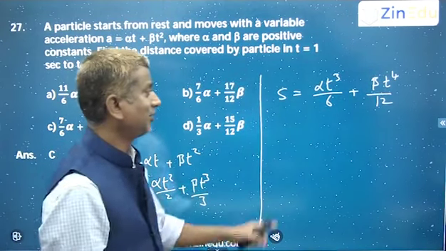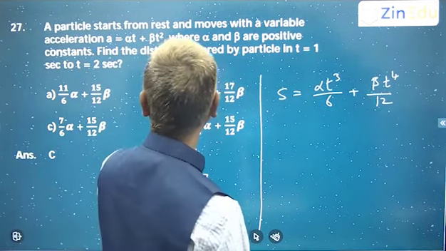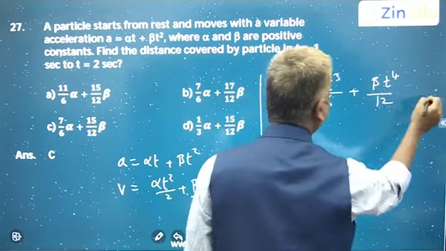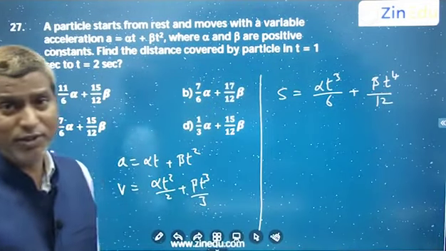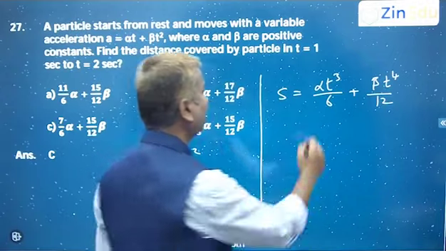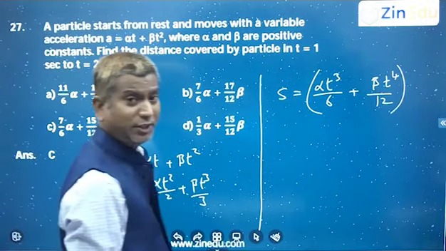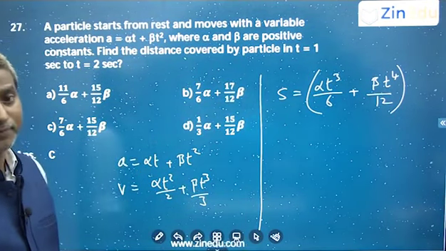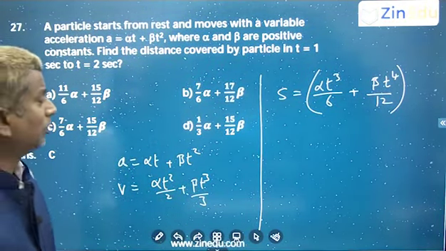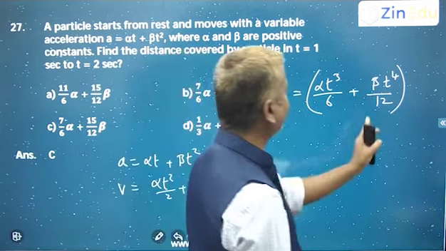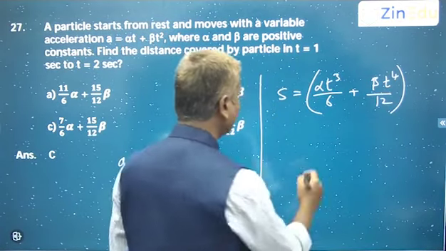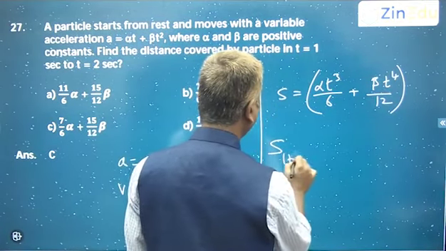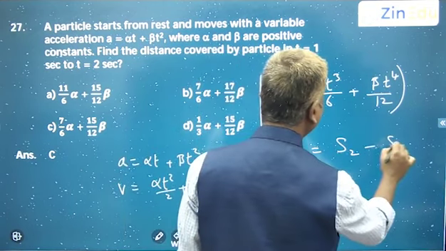Since it starts from rest, at t equal to 0 the displacement is 0, so we can take this as the displacement function. Now you want exactly from 1 to 2 only, so what is the displacement in 1 second and what is the displacement in 2 seconds? You can write the displacement from 1 to 2 as s2 minus s1.